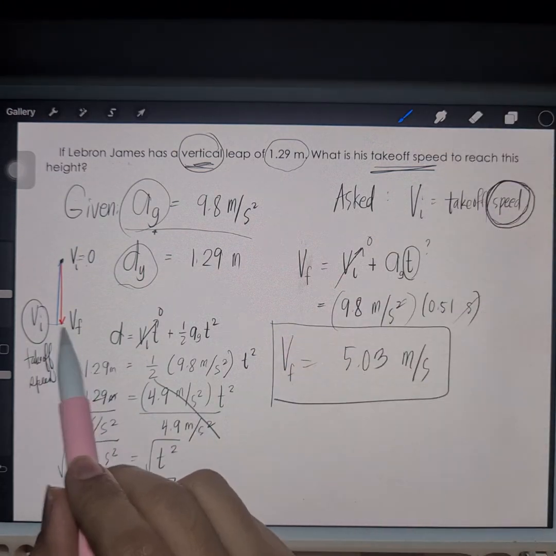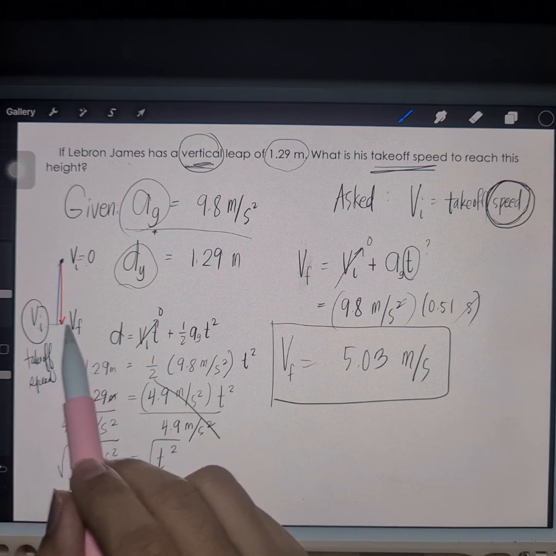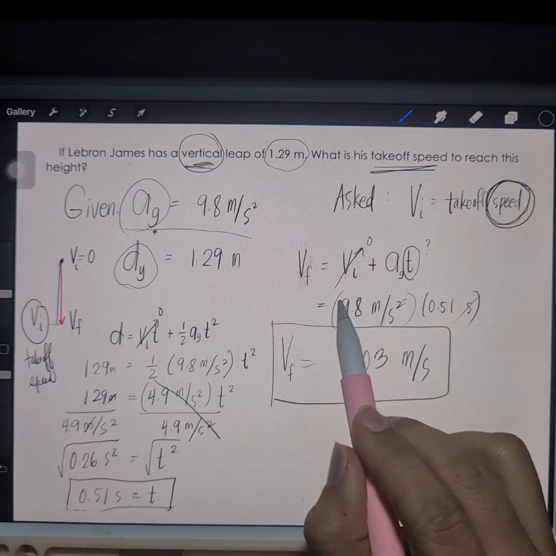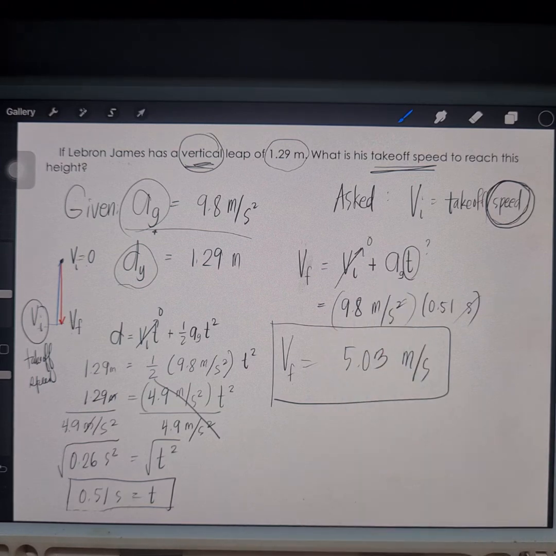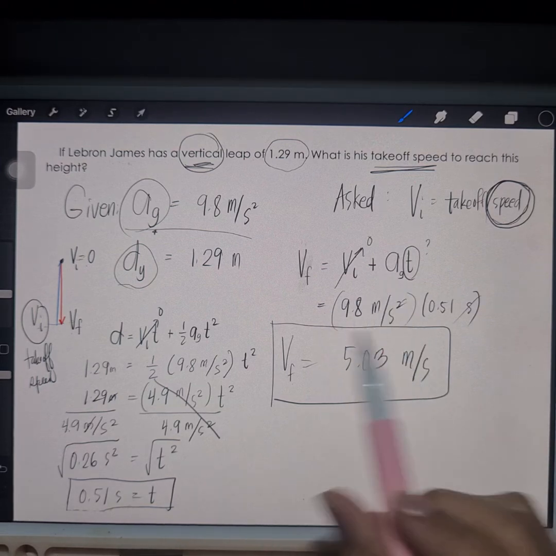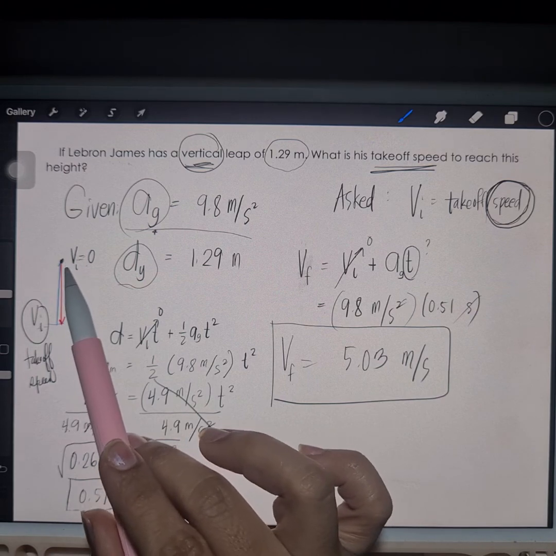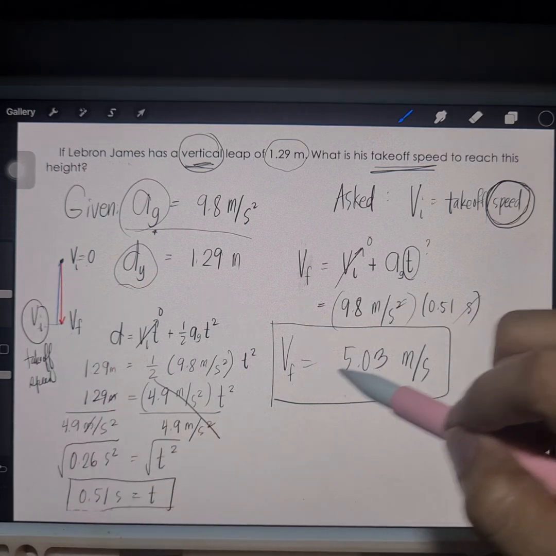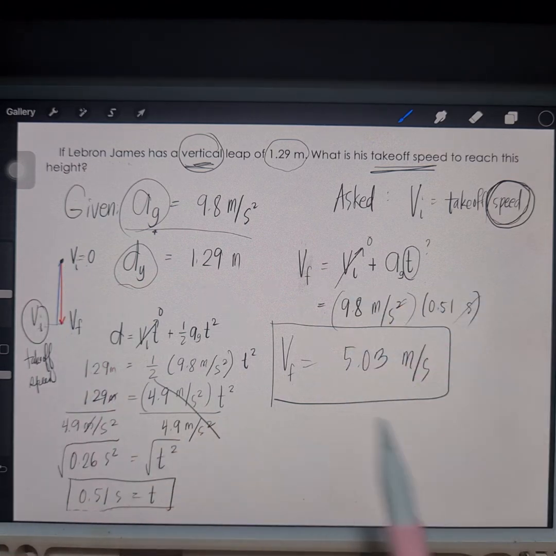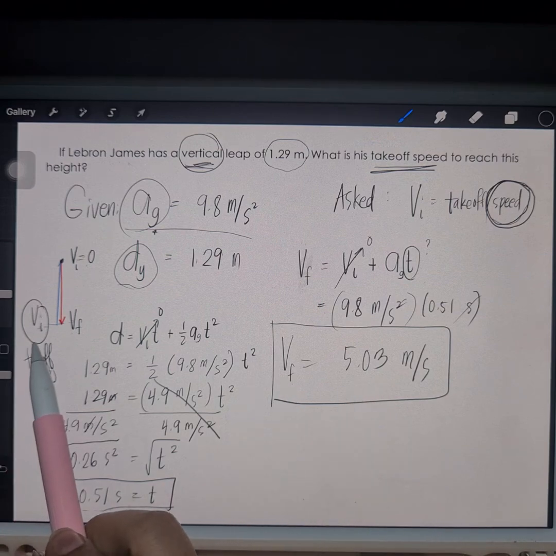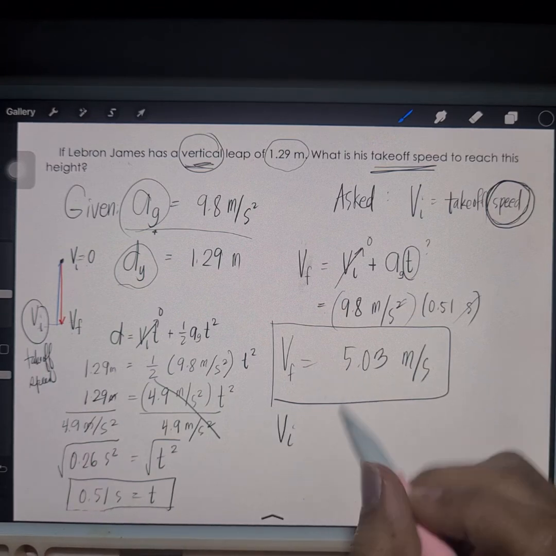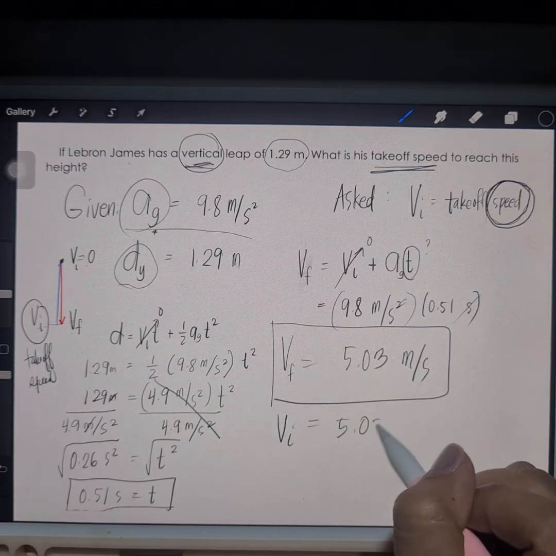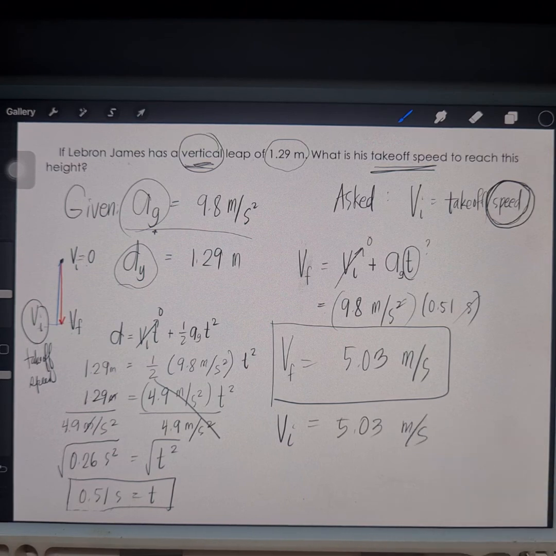Again, they are just equal in magnitude. This is actually negative because this is a negative acceleration. The negative only indicates the direction, that it moved from up going down, so that would have a negative direction. But the magnitude of this final velocity would be equal to the takeoff speed, and that would be your takeoff speed, 5.03 meters per second.